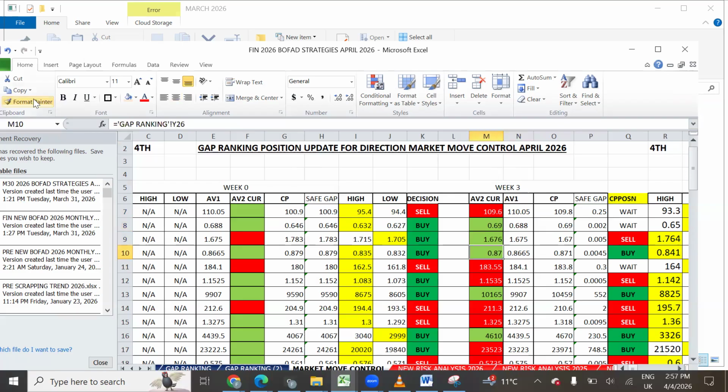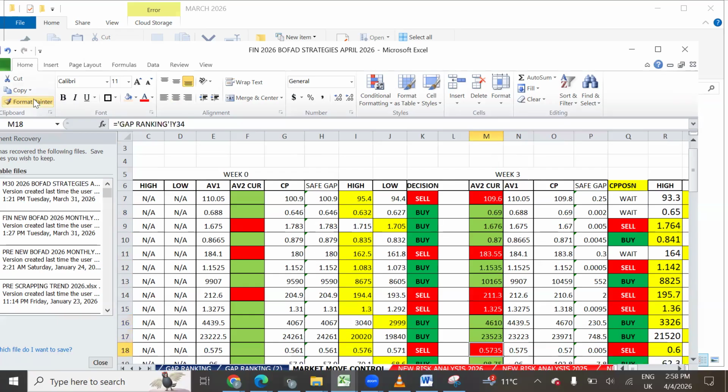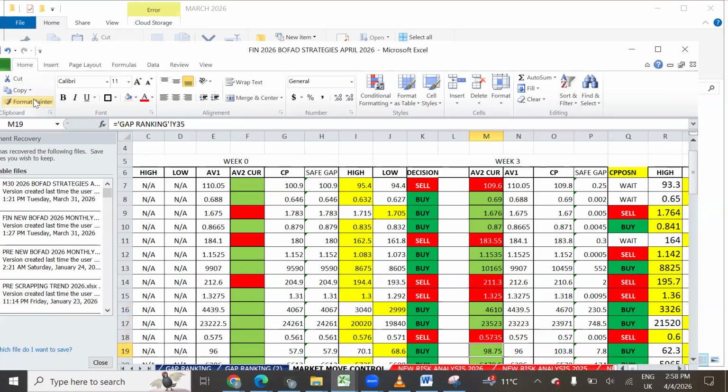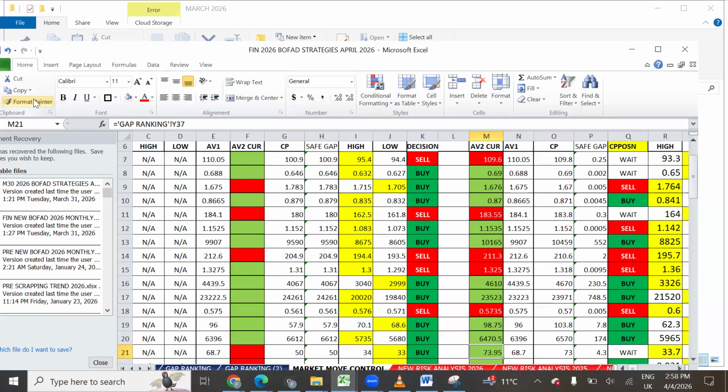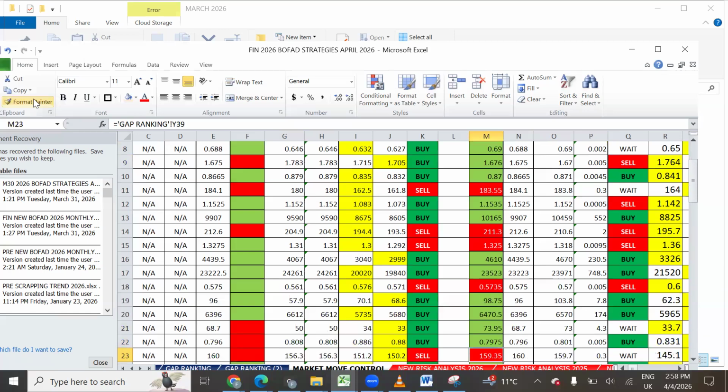So this also has changed to green. You can see that this also has changed to green. So you compare it with the previous.